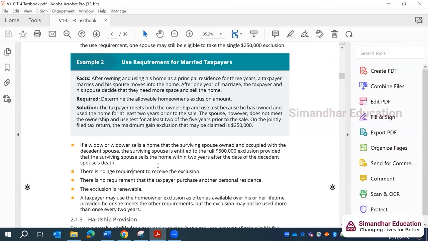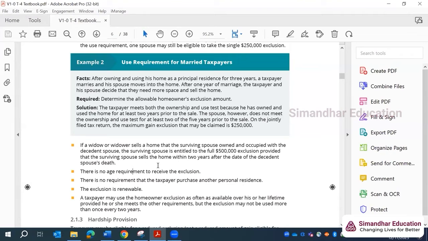So within 2 years, if you execute the sale of the property, then you are eligible for an exclusion of $500,000. Now, there is no age limit to get the exclusion, and there is no requirement for you to purchase another property to get the exclusion. And every 2 years, you can use this exclusion.